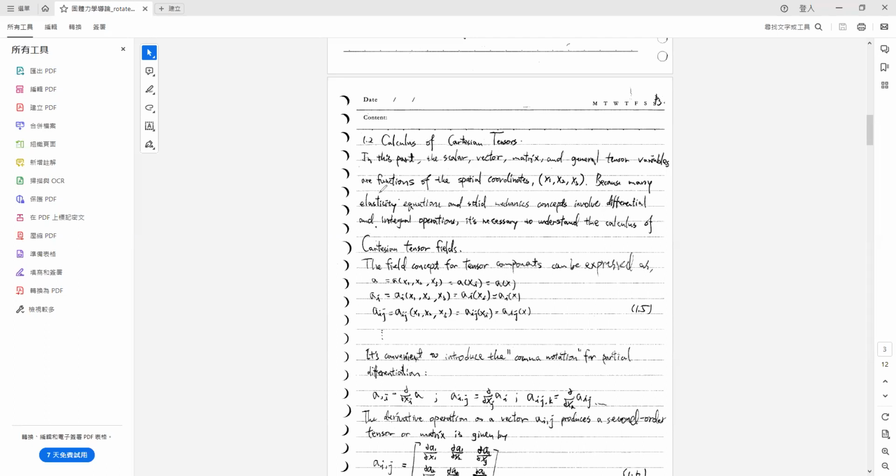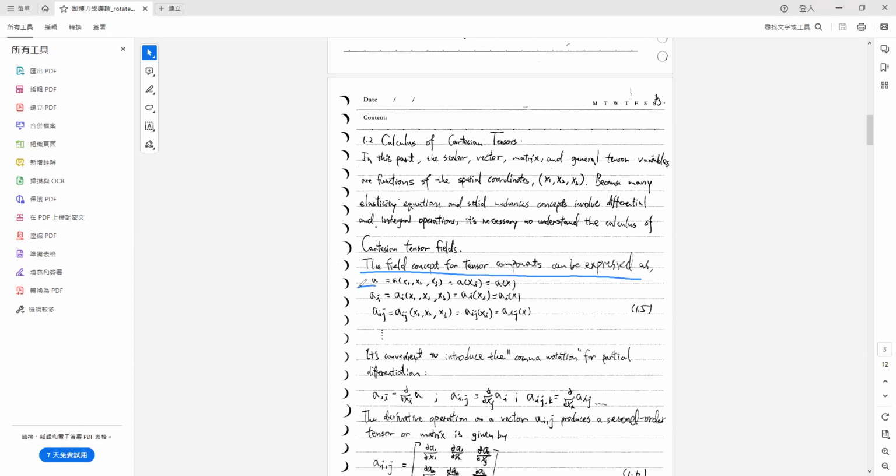Okay, further, we talk about a scalar field phi in 3D space. Oh, we will talk about it later. At first, we talk about how the tensor component can be expressed.